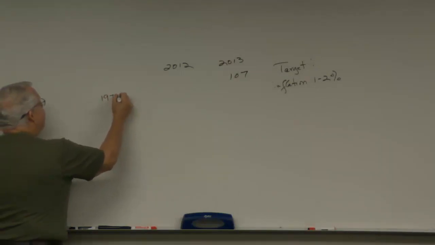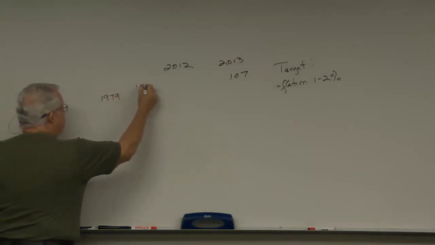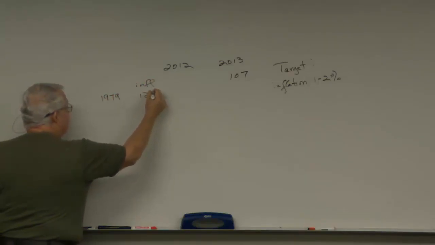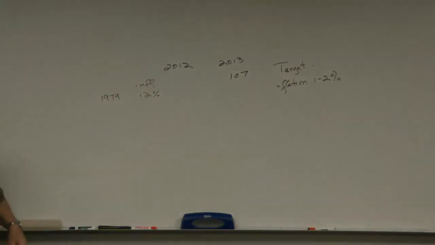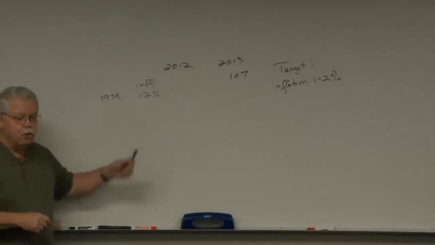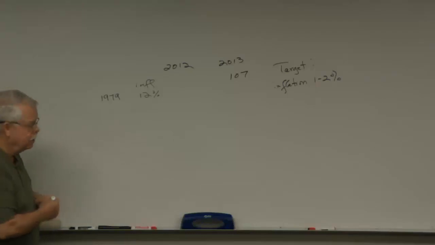If you go to the year 1979, the rate of inflation was 12%. What would 12% inflation do to you? I mean, every year, the cost of living goes up 12%. That is a real hammer, especially if your income only went up 2%. What happened then?